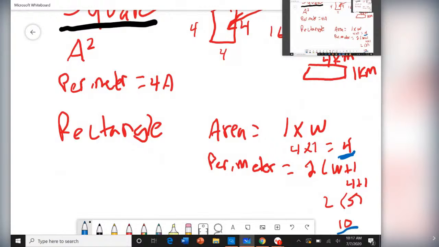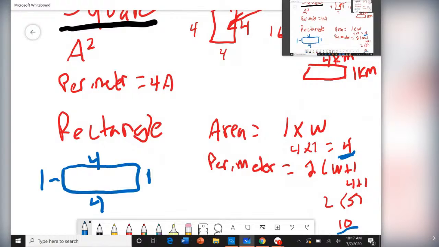You only need one. And for the rectangle, this will make sense. If this is 4, this has got to be 4. And if this is 1, this side has got to be 1. So if you only get two sides, that's fine, because you know the opposite side is going to be exactly the same length.